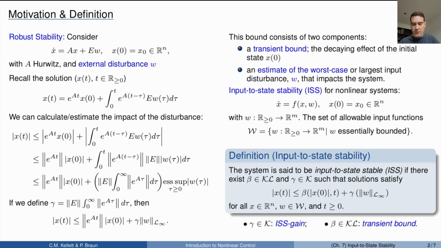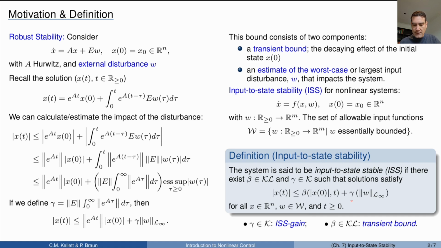This is an extension of asymptotic stability. In the case of asymptotic stability, or KL stability, this second term is not present. So we have x of t bounded by a KL function, which goes to 0 when t goes to infinity. And now we have this additional term depending on the disturbance, omega.